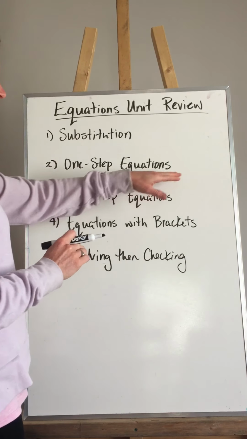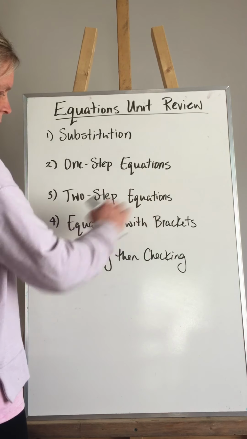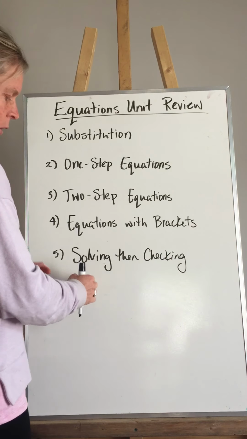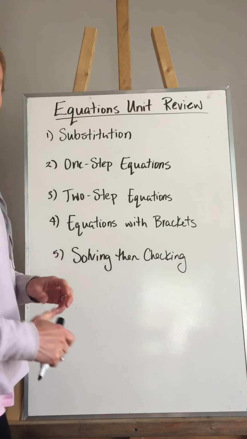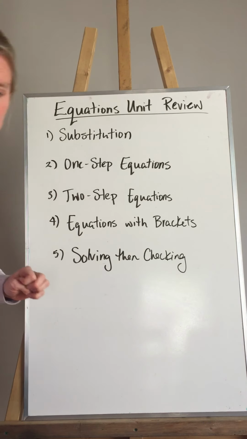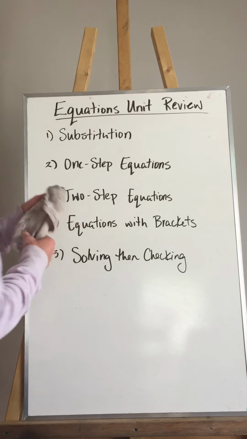One-step equations, solving with reverse operations. The two-step equations, equations that we did with brackets and solving, and then solving an equation and then checking your answer. Okay, so those are the 5 things that we've done for this unit, and I'll review a couple questions now.